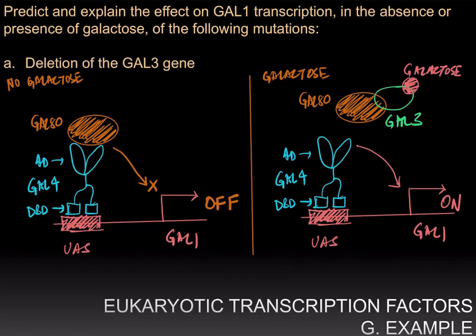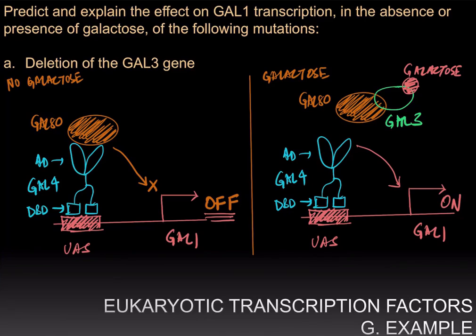Now, if we have a mutant strain of yeast where the GAL3 gene has been deleted, when there is no galactose, GAL3 plays no role in regulating the transcription of GAL1 genes, and therefore the gene will still be off.